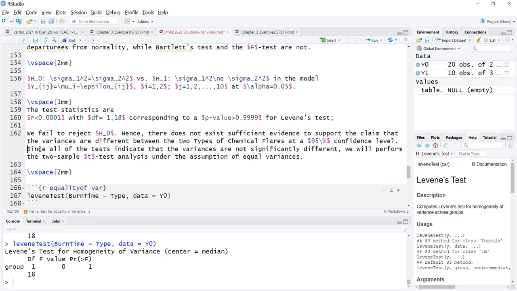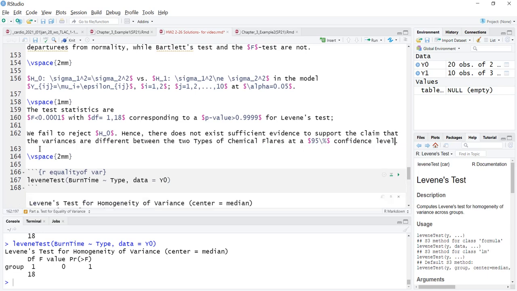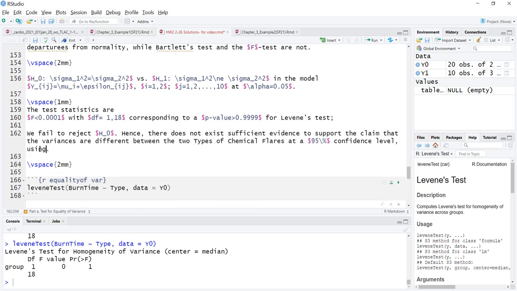Okay, so I need to take out this last sentence. Using N1 equals N2, so I needed to add that. So, comma, using N1 equals N2 equals N equals 10 observations. Okay, so we should always have that, the sample size.